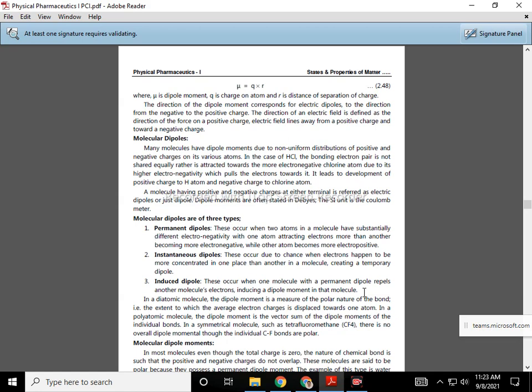So when this non-polar molecule comes in the vicinity of a polar molecule, just like water, the polarizability of the non-polar molecule also gets induced, also gets increased, also gets produced, so that we can say that water induces the dipolar nature in that normal or non-polar molecule. So this is happening.